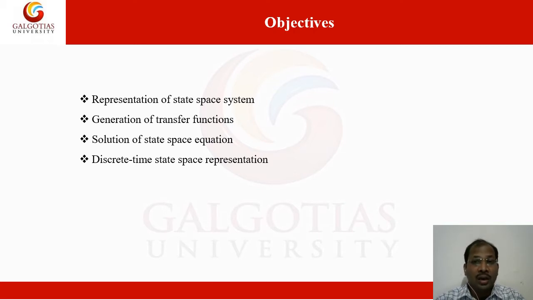Generally, we first discuss continuous or analog state space systems, then their representation, then how we are going to convert the continuous state space system into the discrete time state space system.